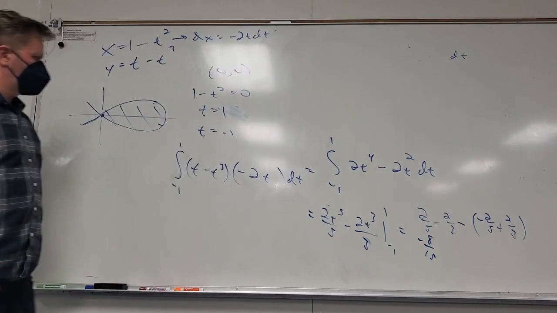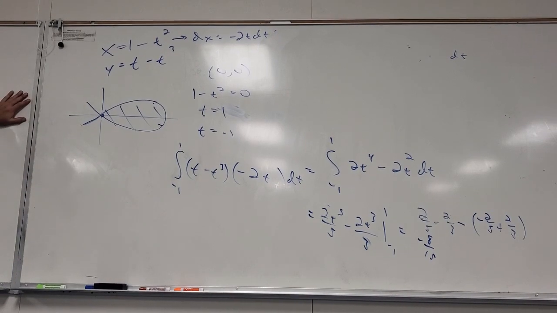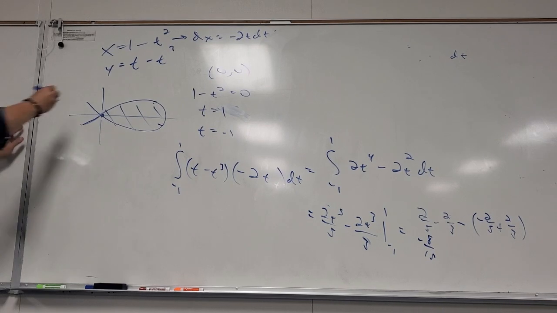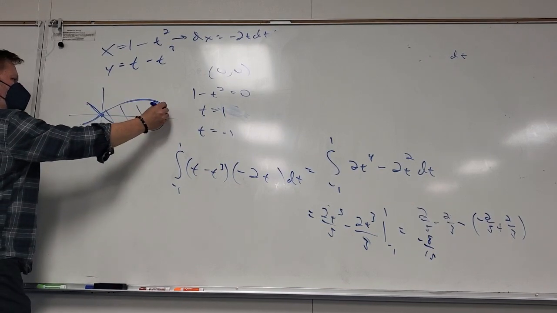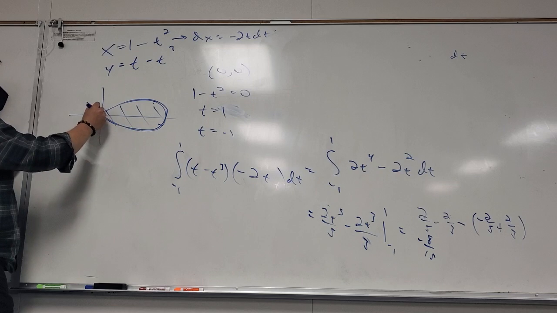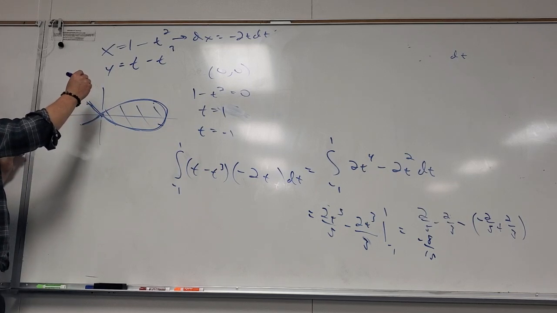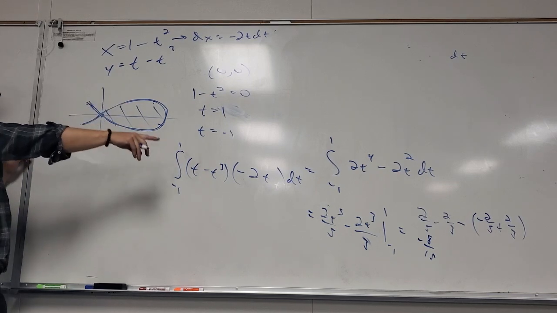Damn it. Let me see, why is that? Let me think. Why is that important? Yeah, one is going this way, and one is going this way. So let me think, is there a way I should go? Can you guys see what the problem is?